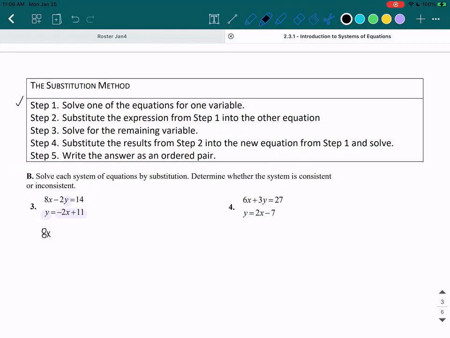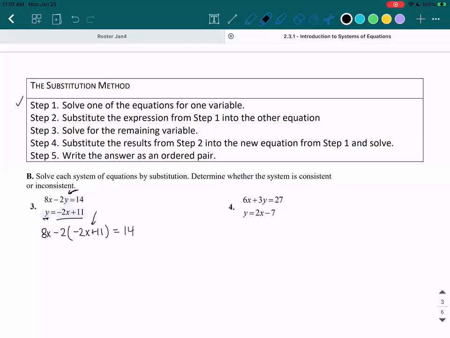So let me show you. We have 8x minus 2. Here's where the y is. I'm not going to write y anymore. I'm going to write negative 2x plus 11. Where did I get that? Well, y is equal to negative 2x plus 11, so I can write negative 2x plus 11 because they're the same. Then we just finish writing out the top equation, so it's equal to 14.